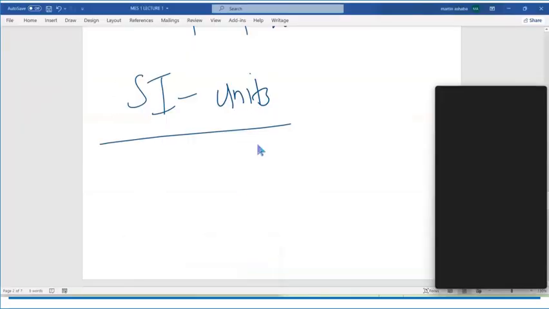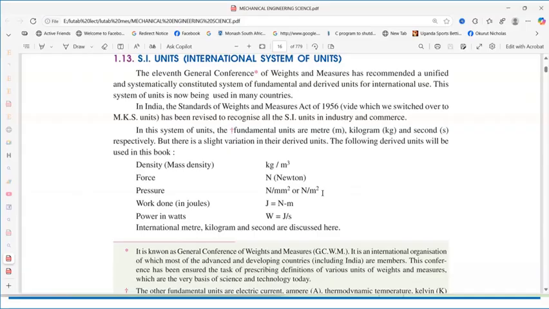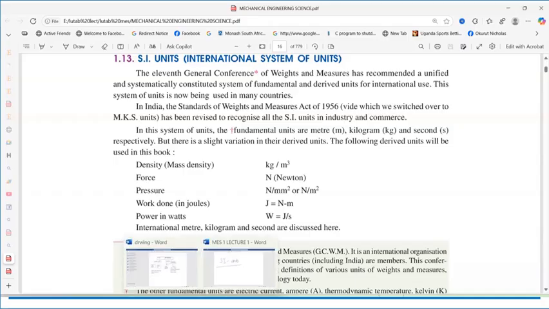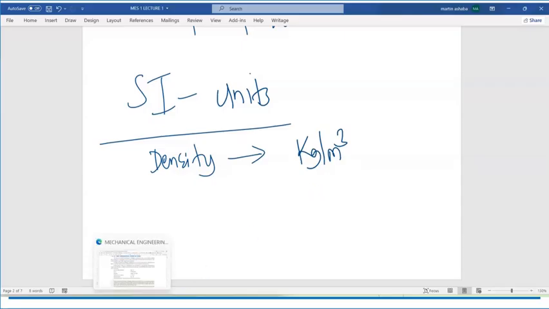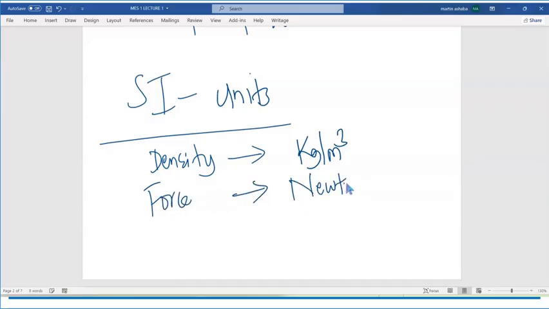Yes. So for that matter, we have what we call SI units, and I've said they are standard. Density is in kilogram per cubic meter. Force is in newtons. We are just talking about SI units that you already know.